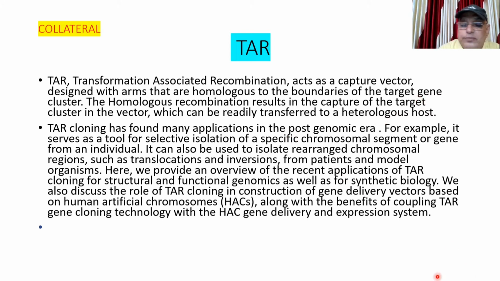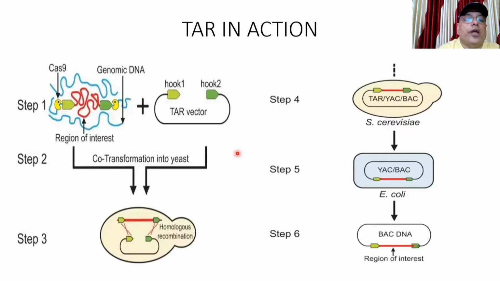So we can first see this diagram, then we can understand how TAR works. Here we have a clumsy stretch of DNA, and we have to carry this stretch and insert it into a particular artificial chromosome.